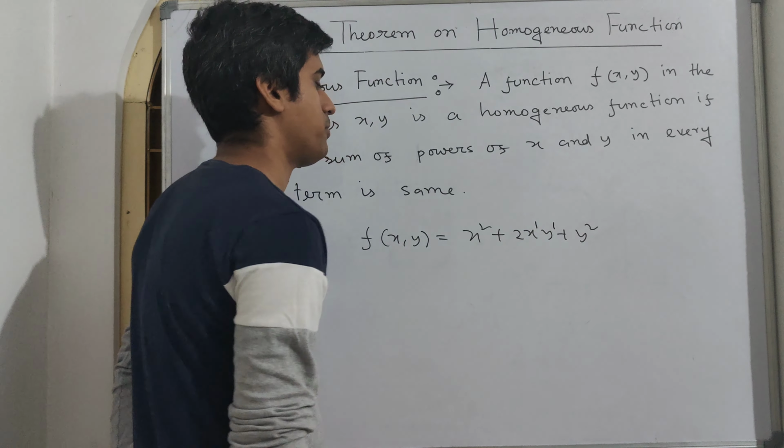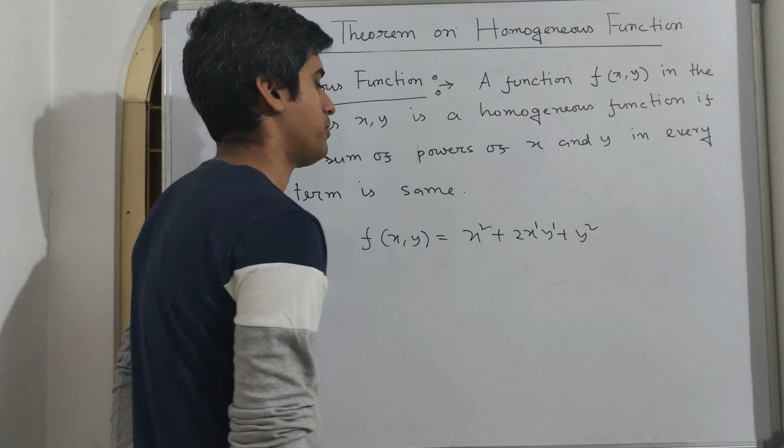Here del u by del x, that is the partial derivative of u with respect to x, will be the derivative of x square, which is 2x, and y square will be 0, that is 2x.